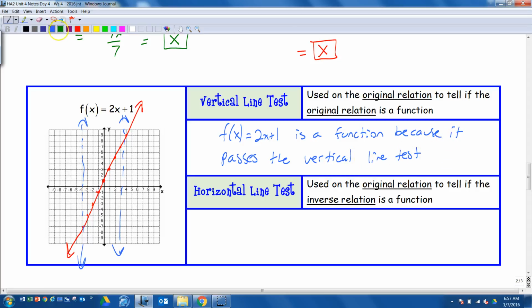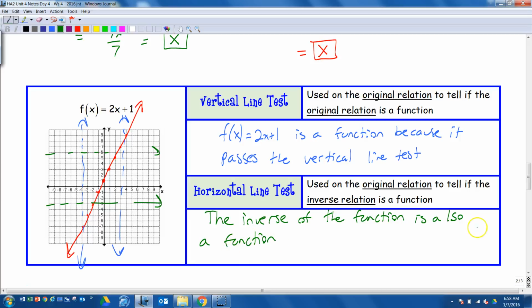This one, we have a horizontal line test now on the same function. Since every horizontal line only hits once, that means that the inverse of this line will also be a function. So the way we'd write that is the inverse of the function is also a function because the original, you have to say that.